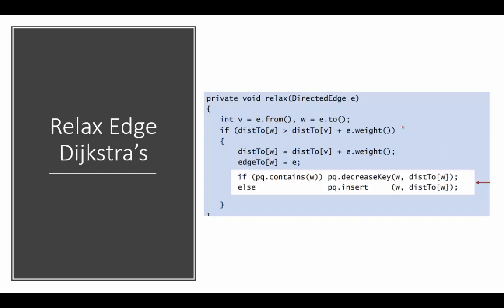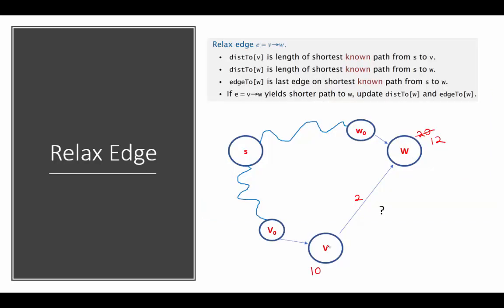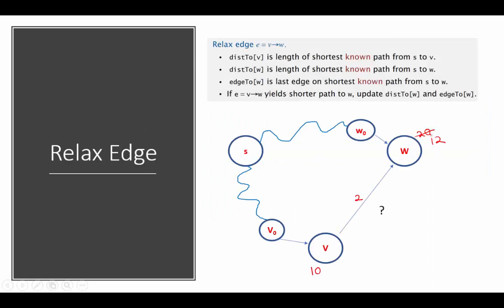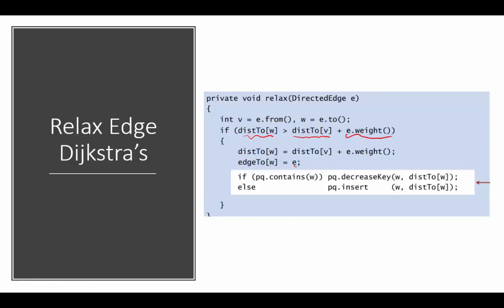So from a code perspective, what we do is take the distance to v, which is 10, and add the weight, which is 2. Because the total 12 is less than the best distance we have, which is 20, we adjust the distance to w to 12, and edgeTo would be the new one.